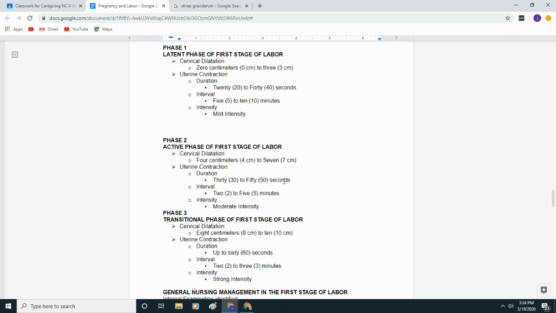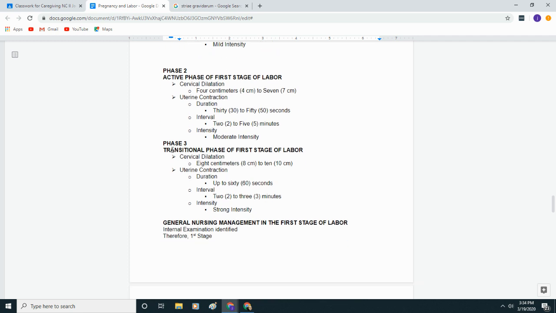So meaning the contraction lasts for 30 to 50 seconds with a shorter interval of 2 to 5 minutes. So ibig sabihin, second phase, sumahaba yung contraction, tapos lumiliit yung pagkasunod-sunod, then moderate intensity.